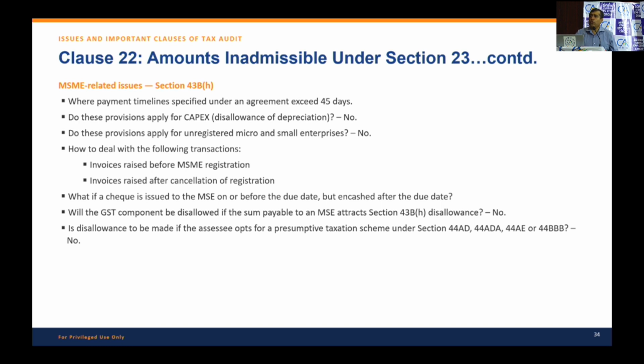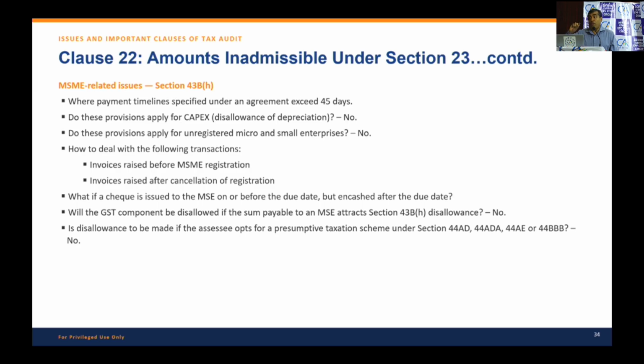No, no, because you are paying tax on presumptive taxation. Under presumptive taxation, a lot of deductions, additions and deletions are not to be considered. So this is one such item as well. No, then you are doing an audit. Then yes.